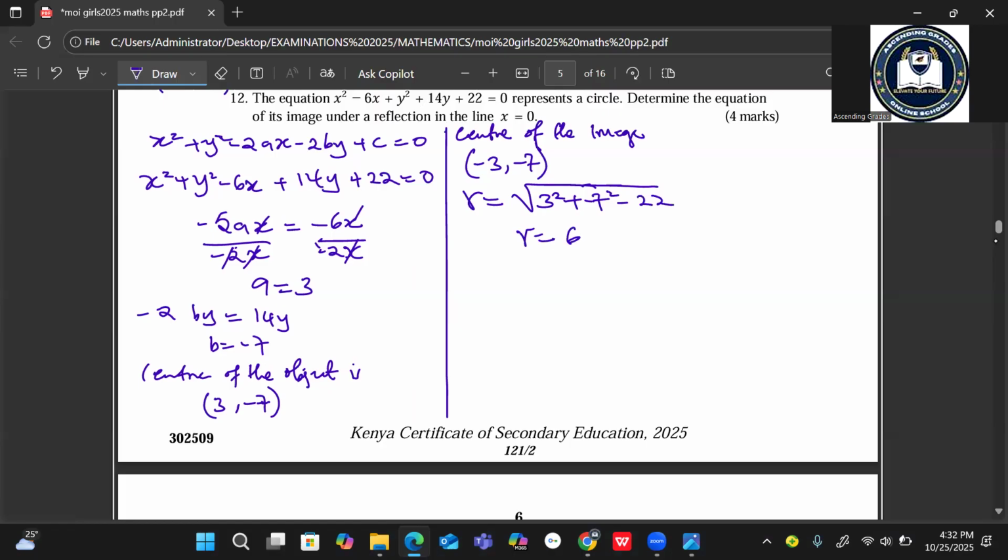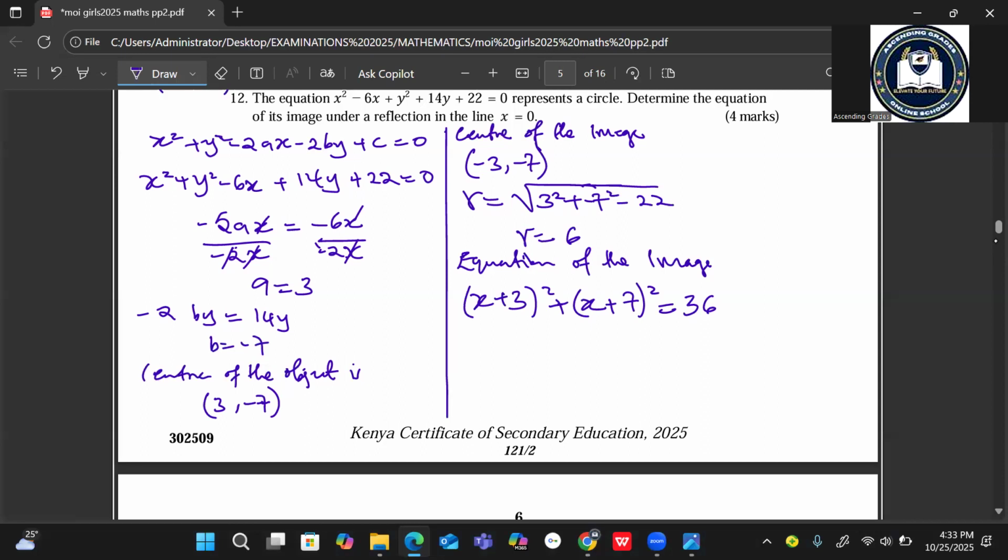Now we look for the equation of the image. The equation now will be x plus 3 squared plus y plus 7 squared equals 6 squared, which is 36.